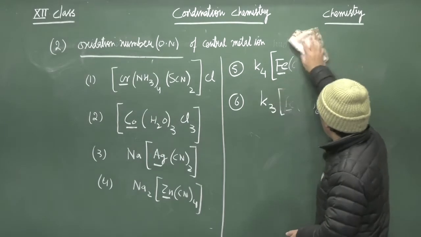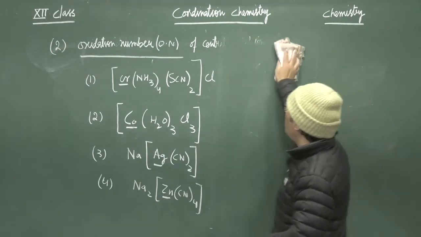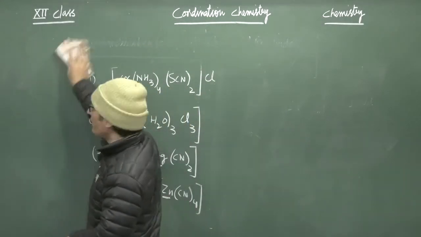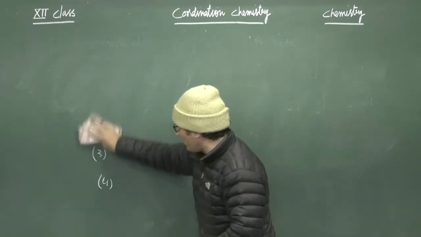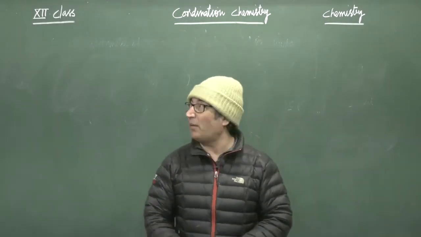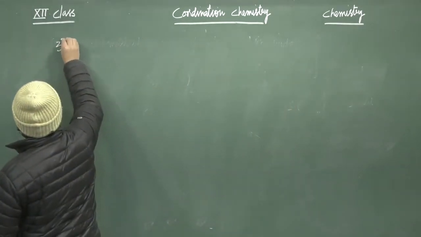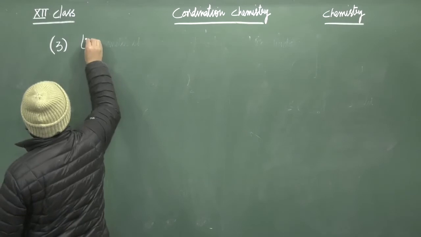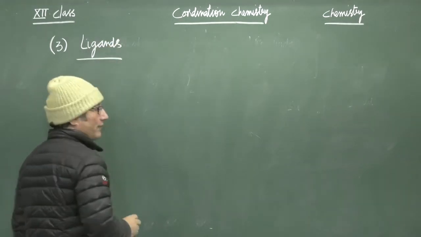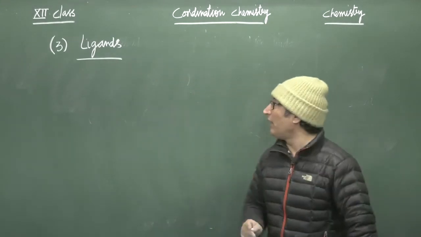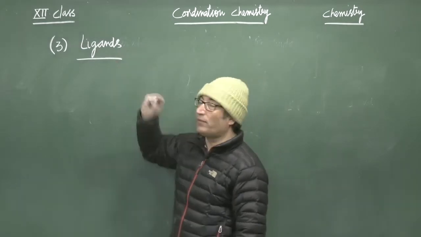Now, this central metal ion has one more property, the third basic term which you use in coordination compounds, which is coordination number. But before taking up the third term, we will take up the ligands first, because coordination number of central metal ion is related to the ligands.